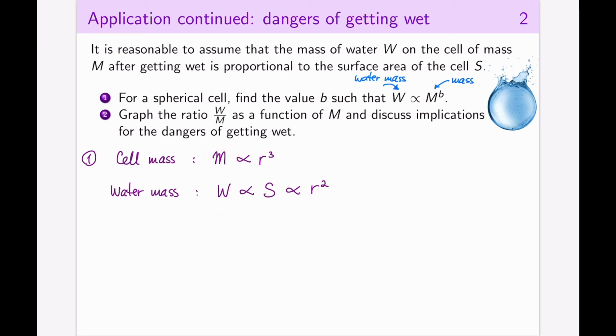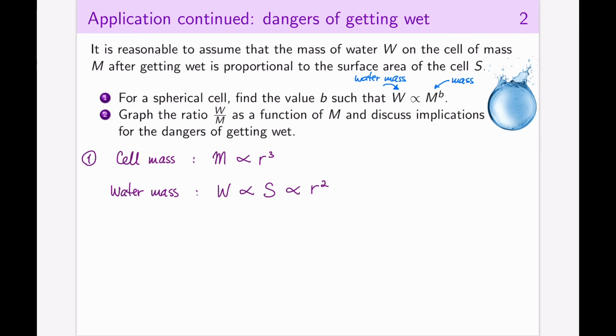It's kind of like solving two equations, except instead of equality, we have the proportionality sign here. What we can notice is this tells us about a connection between mass and R, and now we have a connection between water mass and R. So I can solve, quote unquote, this equation for R and plug it in here.